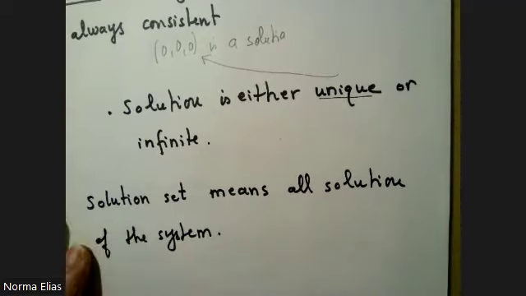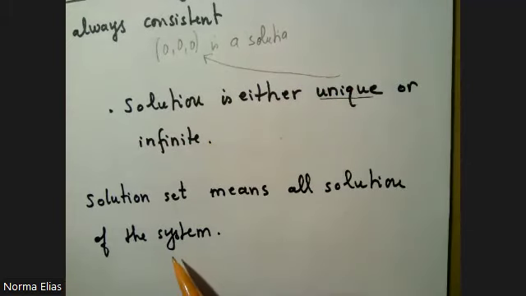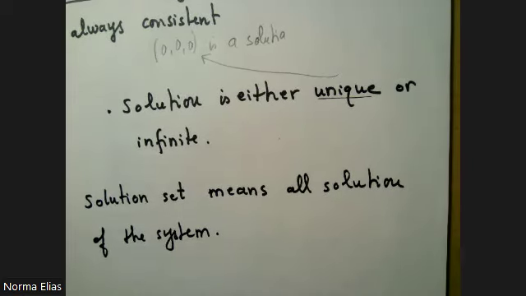Finally, the words solution set. Solution set means, if the system has infinitely many solutions, all the solutions of the system. So whenever we have infinite and they talk about the solution set, they are talking about all the solutions, not one or two, all of them. That's what they mean by the words solution set.